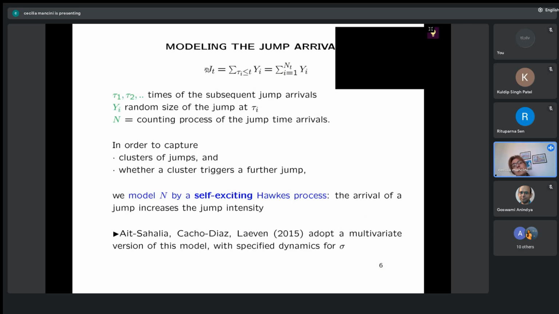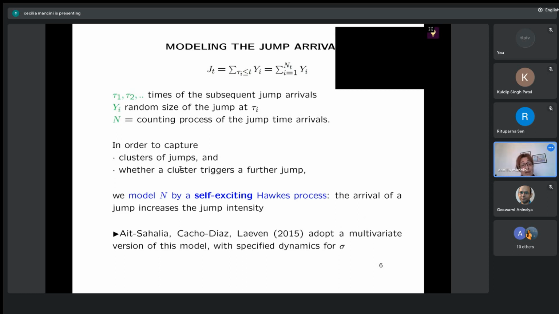The jump arrival is modeled like this. Similarly as in the compound Poisson process, but now N is a Hawkes process. So here, tau_i are the jump times of this process J, Y_i are the random sizes occurring at time tau_i, and N is the counting process of the jump arrivals.